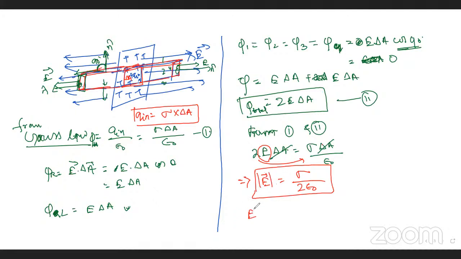If you want to write the vector form also, it is sigma by 2 epsilon naught in one direction, n cap, the area vector direction. So this is E in vector form. Remember, this is the electric field for a uniformly charged plane sheet.